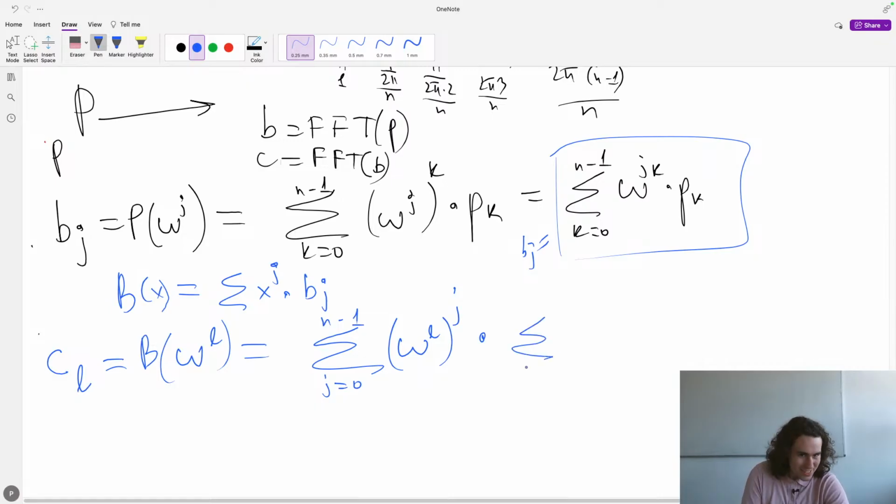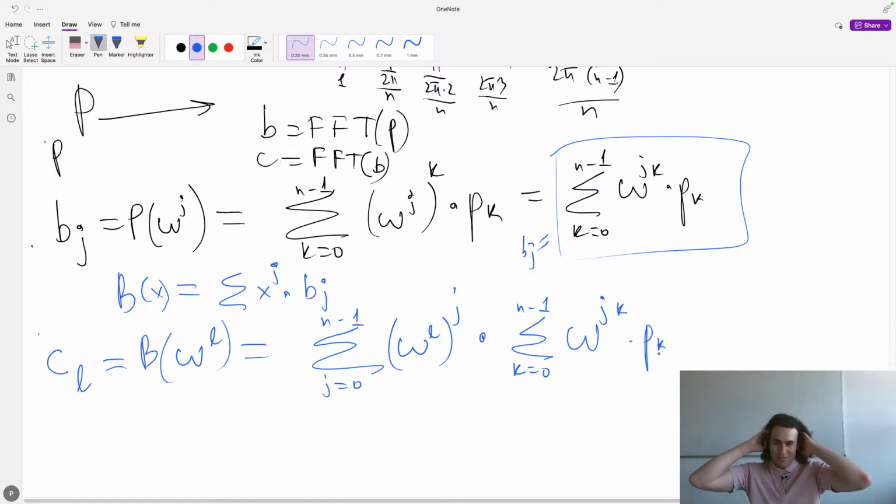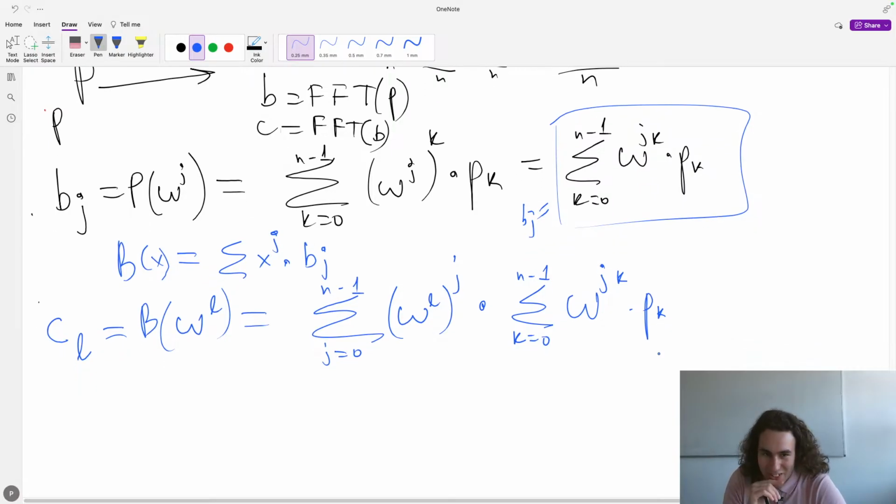So it's times the sum for k from 0 to n minus 1 of omega to the power of jk times pk. Super confusing, right? But let's just understand what's going on here. We're just doing basic algebra, just the formulas were kind of large. Now everything's going to work out relatively easily.